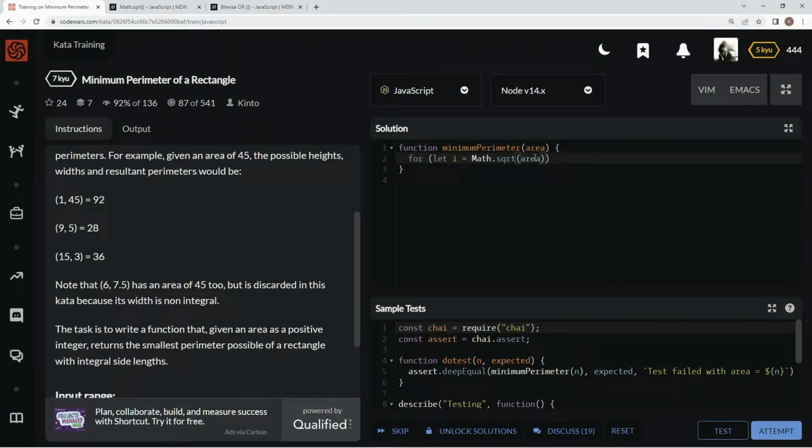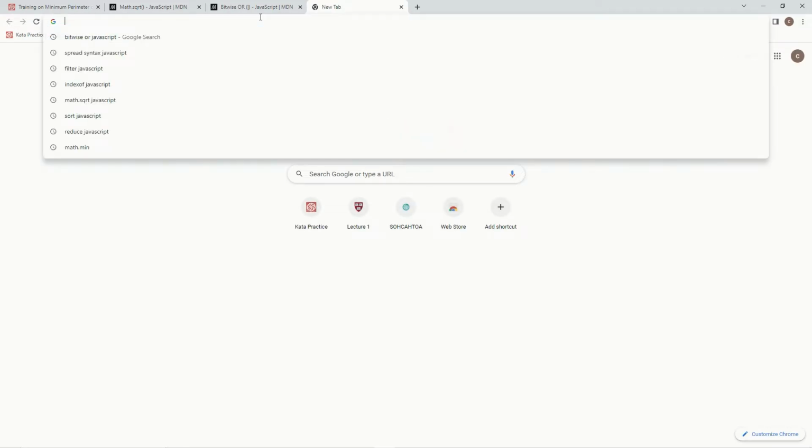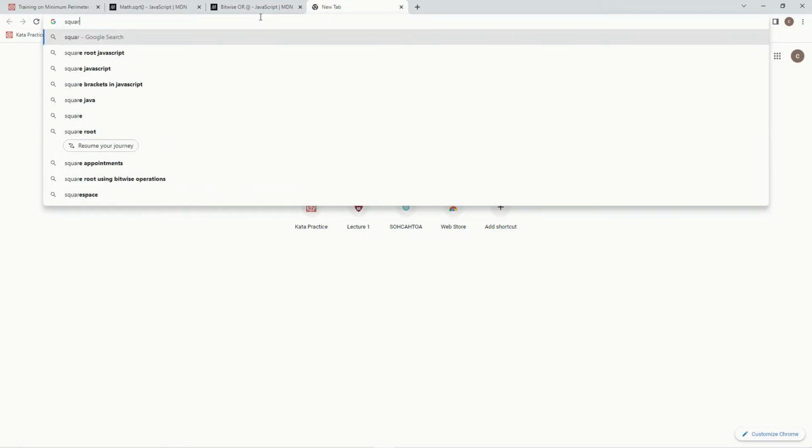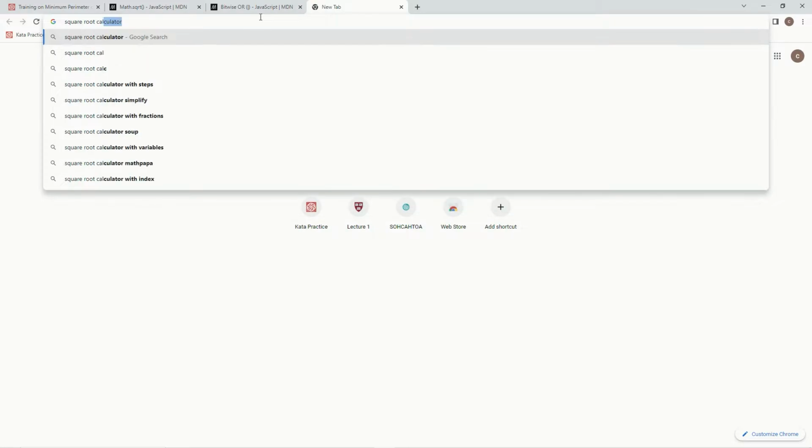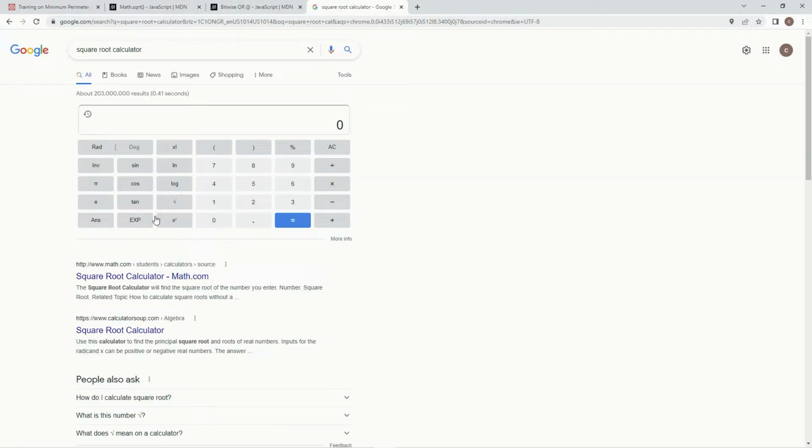But we want this to be an integer, because right now, when it's 45, let's do the square root of 45 on a calculator. The square root of 45 equals 6.7 something. We just want to see the 6, because we don't care about the 0.7 whatever.